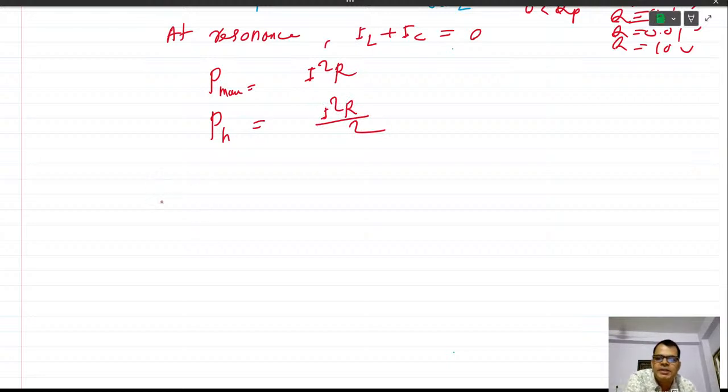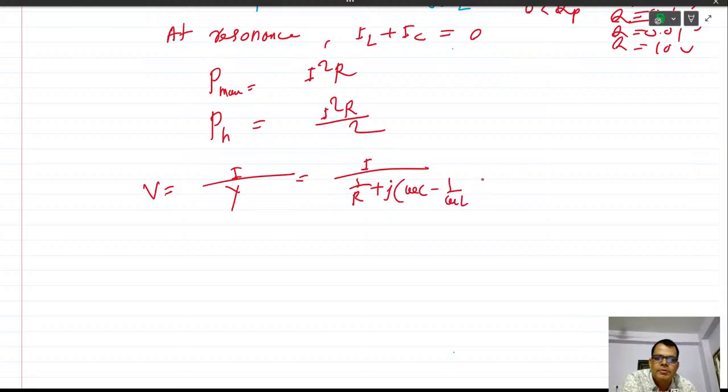And we have seen that in general, V equals I upon Y, that is I upon (1 upon R plus j(omega C minus 1 upon omega L)), right?